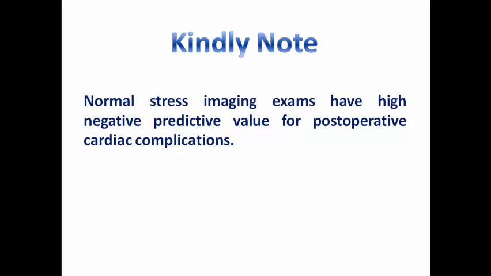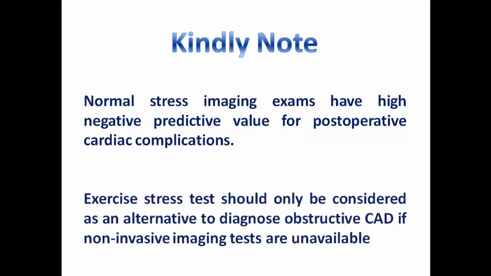That's why they have strong recommendations in a specific situation when there is a risk for postoperative cardiac complications, and exercise stress testing should only be considered as an alternative to diagnose coronary artery disease if non-invasive imaging tests are not available in the center.